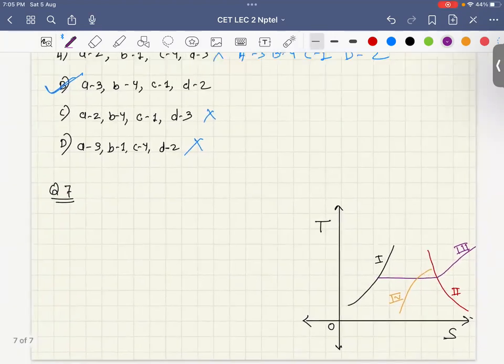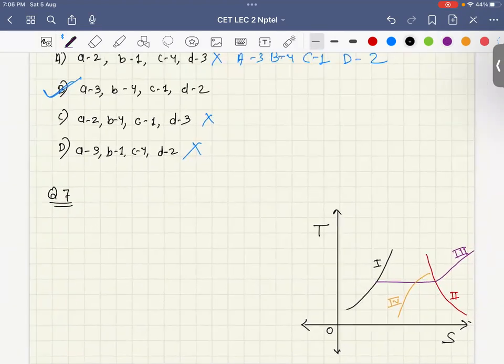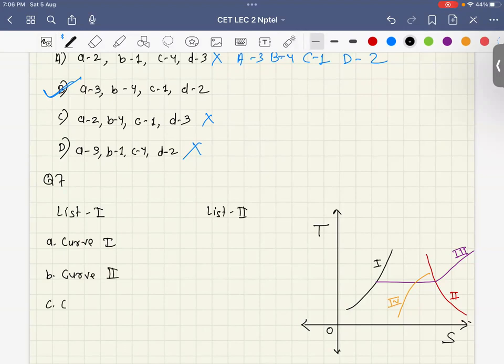Now what you have in list 1, option 7. List 1 and list 2. So here you have curve 1, curve 2, curve 3, and curve 4.